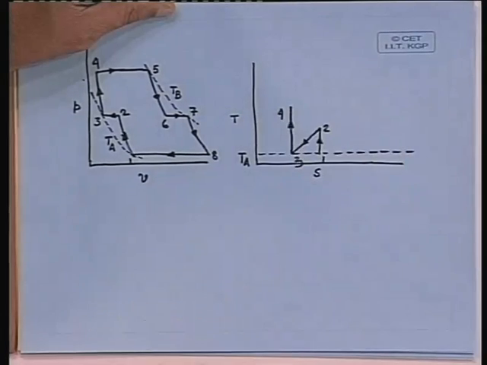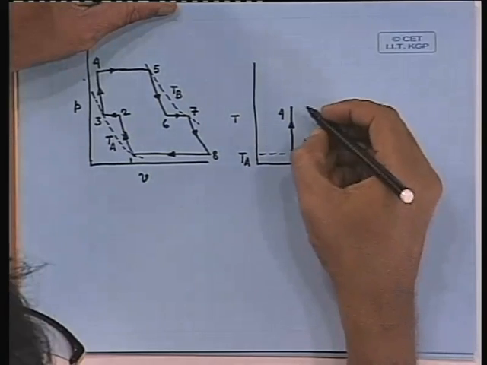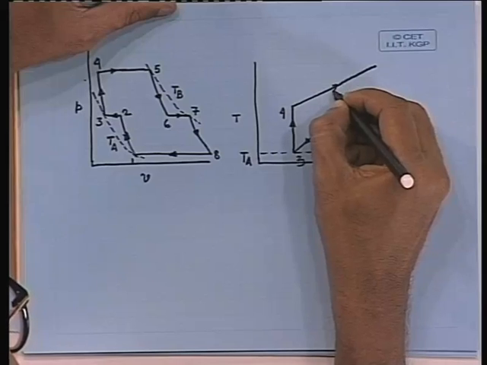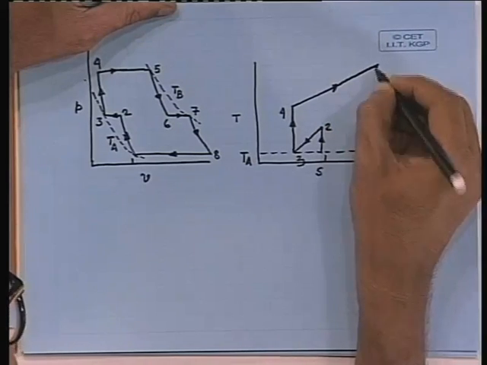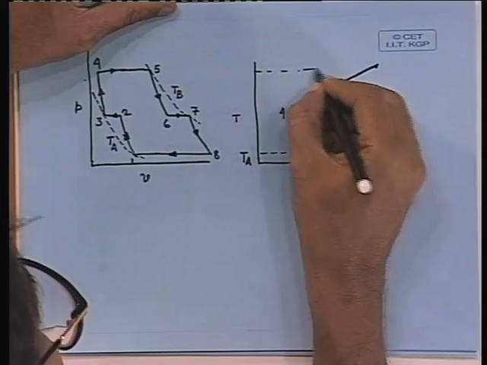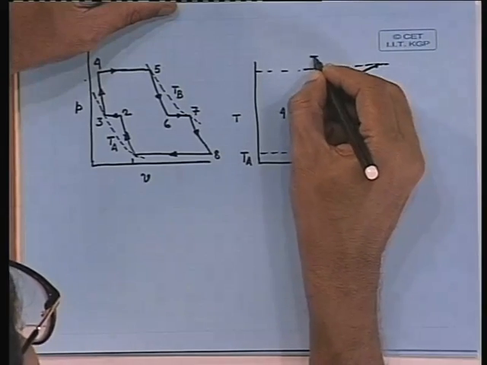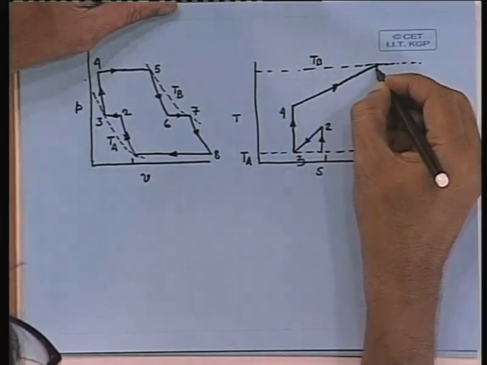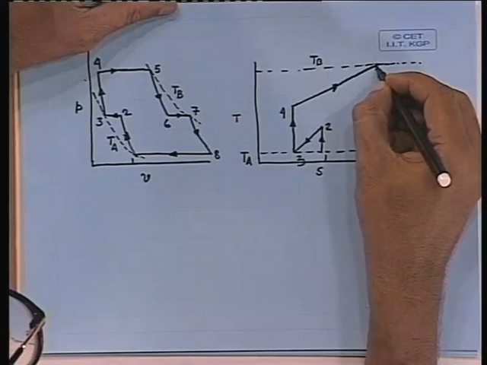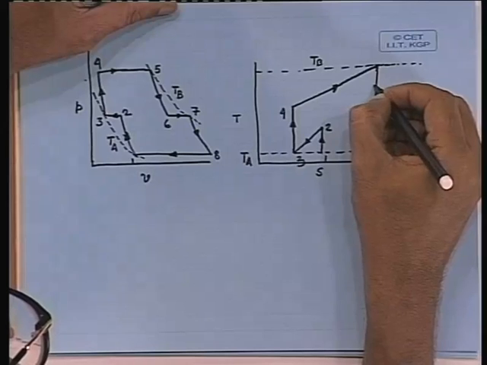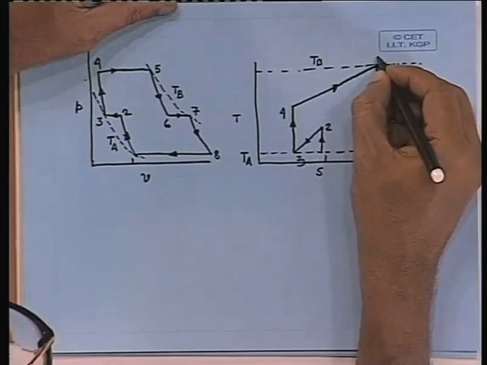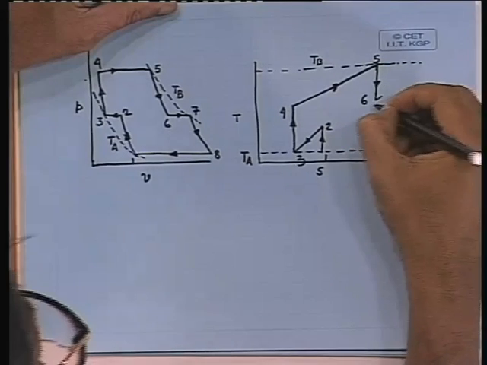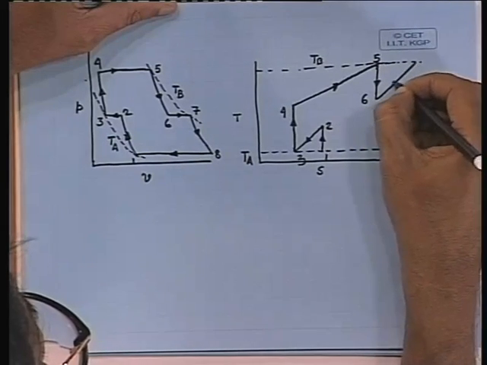again isentropic compression. 4 to 5 constant pressure heat addition, all right, and let us say this is TB, the maximum temperature. Then we will have isentropic expansion, 5 to 6. Then I will have reheat process, which is constant pressure heat addition.